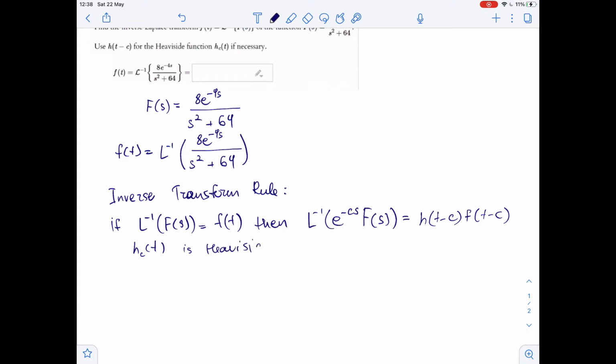So this is the inverse transform rule which we are going to use now.